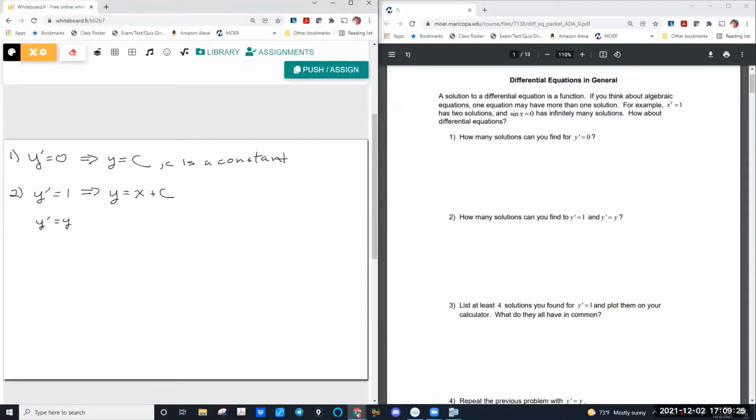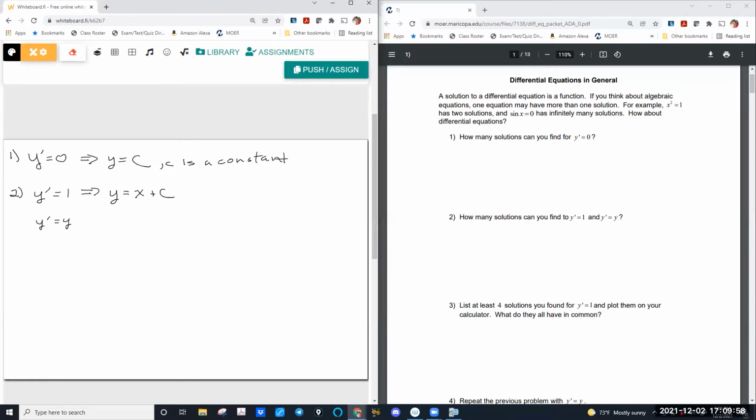Now, how many solutions do you think there are to the equation y prime equals y? Same thing, right? Yeah, y equals 0 would be one. There's actually, this one will be infinite as well. Y prime equals y. So in all three of these cases, we have infinitely many solutions.